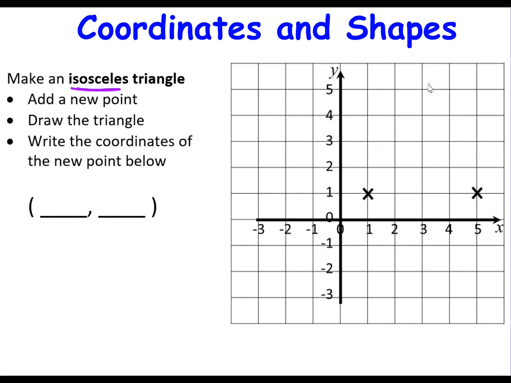So if I place a cross here, then this side is going to be the same length as this side. So that makes it an isosceles triangle. So I've drawn my triangle, I've shown the 2 sides that are the same length. So the point that I needed to do that is 3 in the x direction and 5 in the y direction.